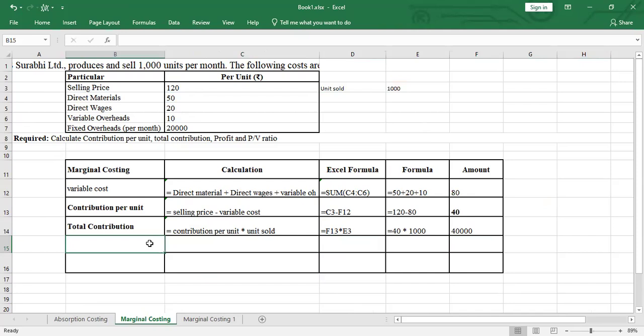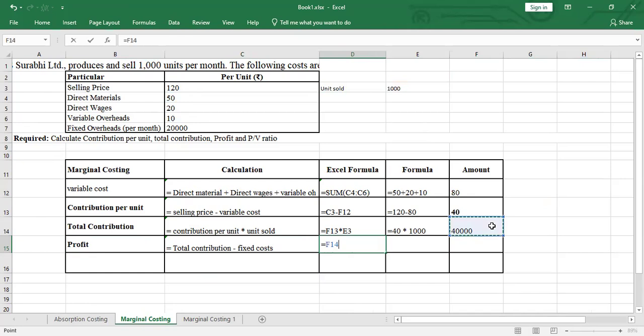Next thing which we have to ascertain is profit. The profit formula is total contribution minus fixed cost, which we can easily ascertain.